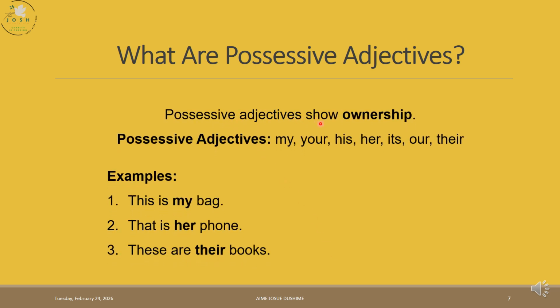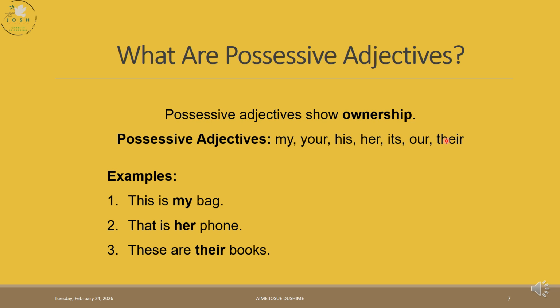They show ownership. They show the owner, that you have ownership, or you have the full right of something. You have the rights on something. Possessive adjectives are my, your, his, her, its, our, their.